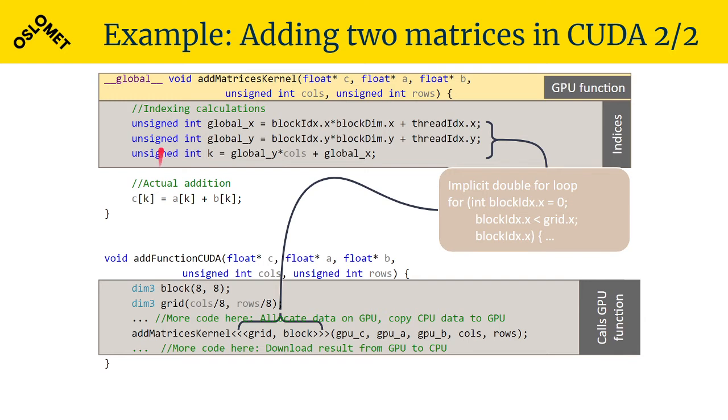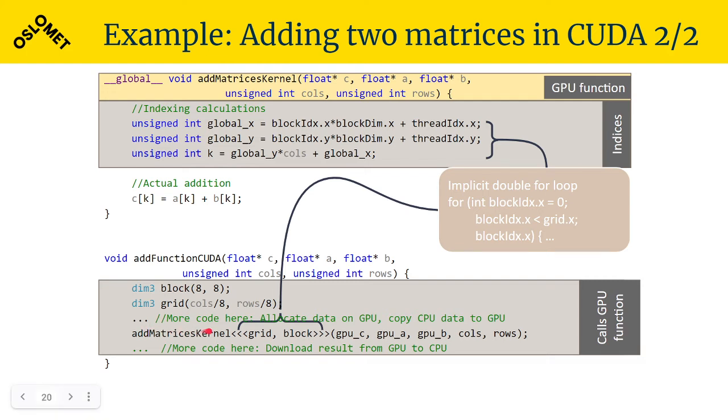Now to run the GPU function, we have to run it from the CPU. So add function CUDA here is a function which runs on the CPU. What it does is create some parallel structures, a block and grid. We'll come back to that later. Then it moves the data from the CPU to the GPU, because the GPU has to have access to the matrices.